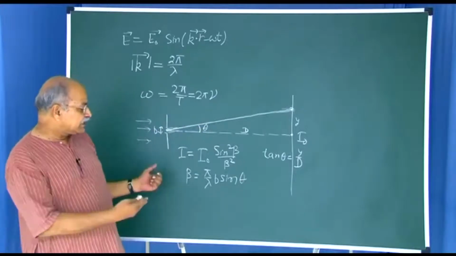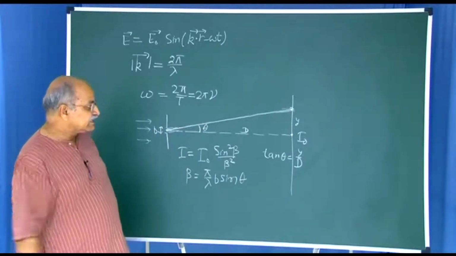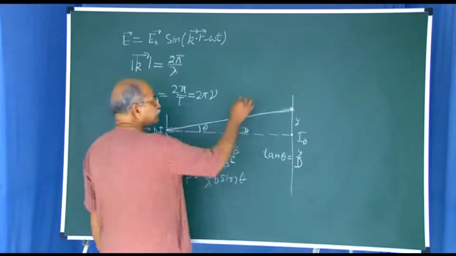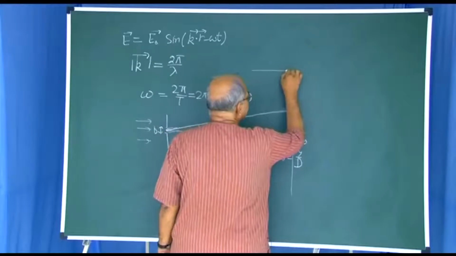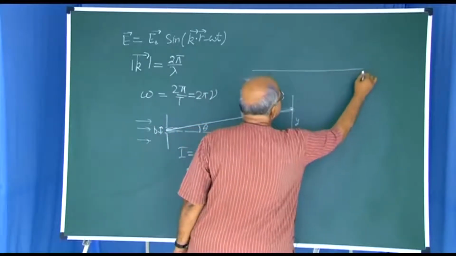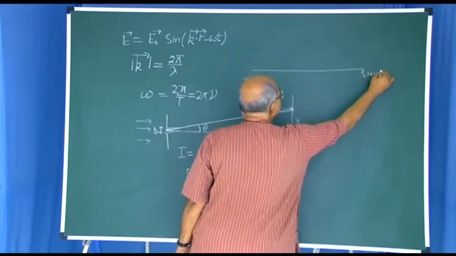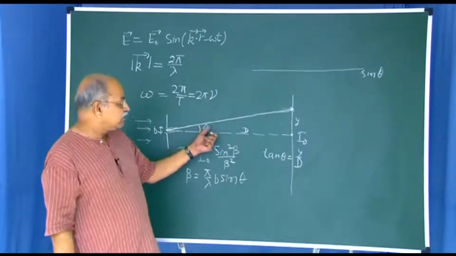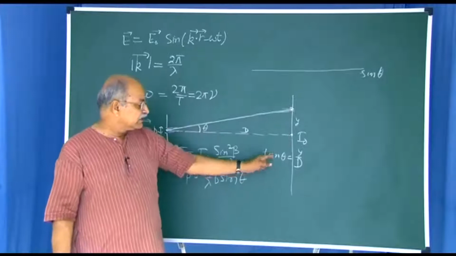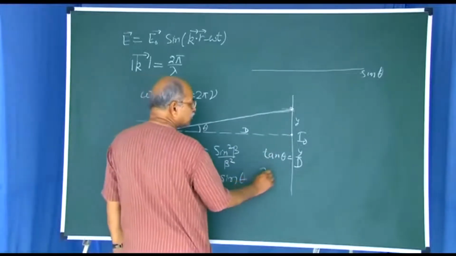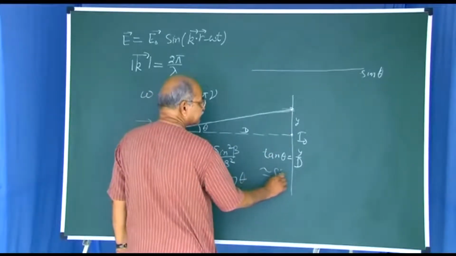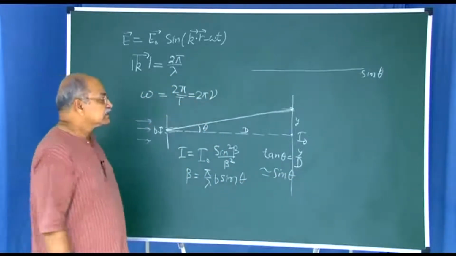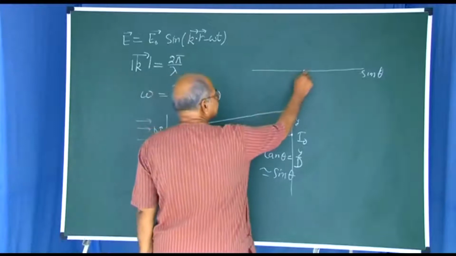But if I show it graphically how the intensity varies, that graph turns out to be something like this. I am drawing the graph, and this side is sine theta. If theta is small, if this y is small, this tan theta is also almost the same as sine theta. So, we are plotting sine theta on this side, and this is, let us say, theta equal to 0.